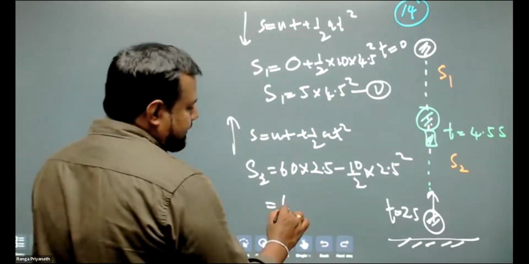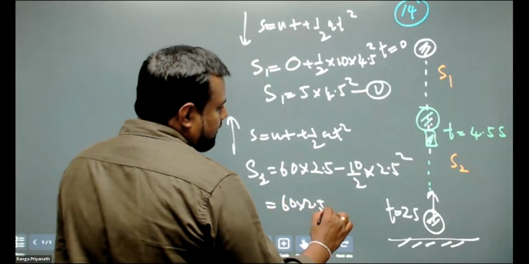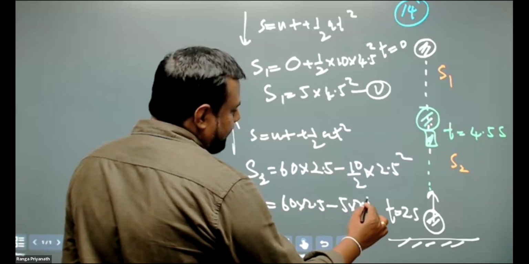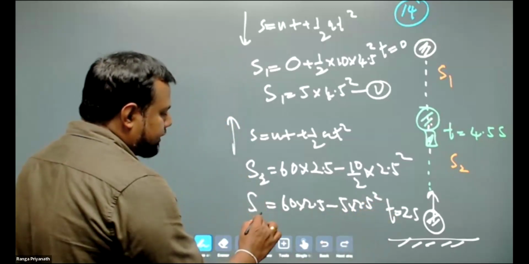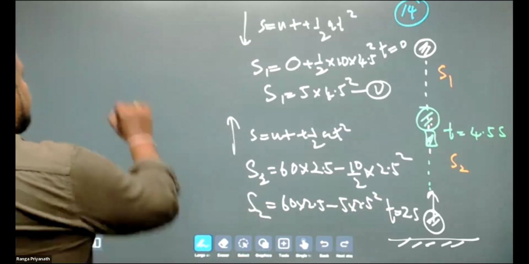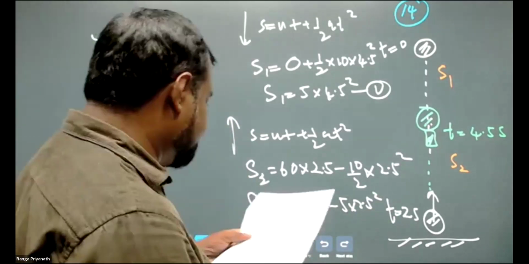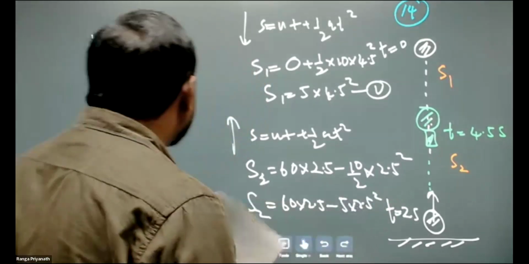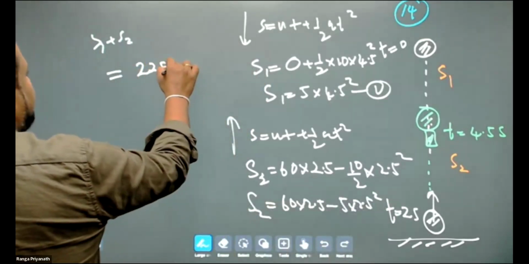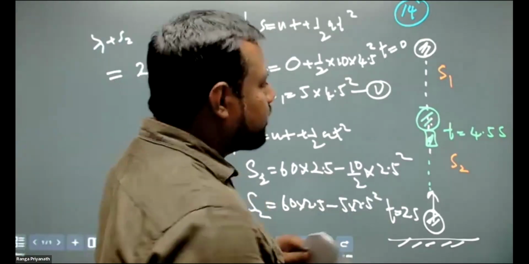This is 60 into 2.5 minus 5 into 2.5 squared, which is S2. So the height means S1 plus S2. When you do this addition, you would get the answer as 220 meters.